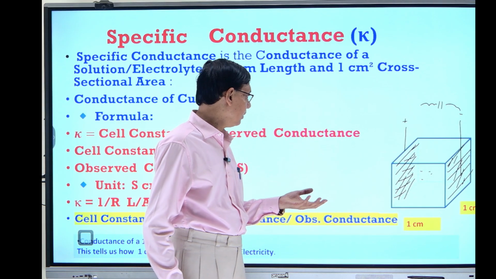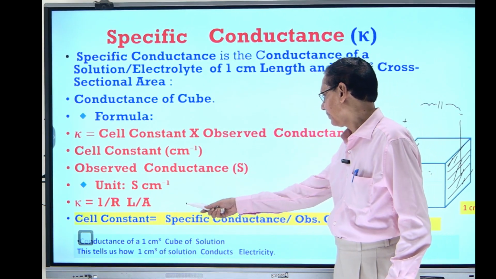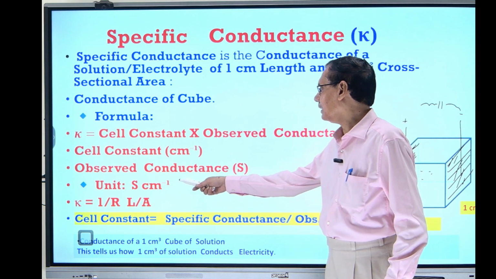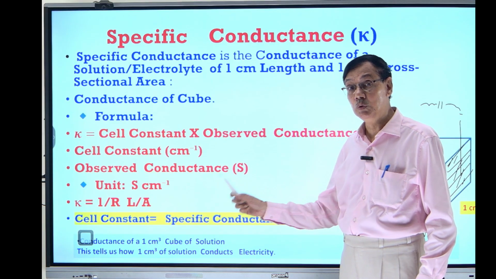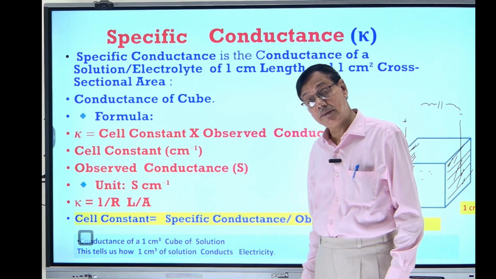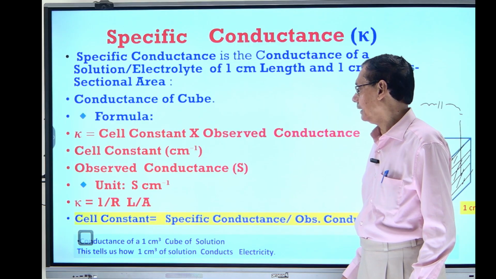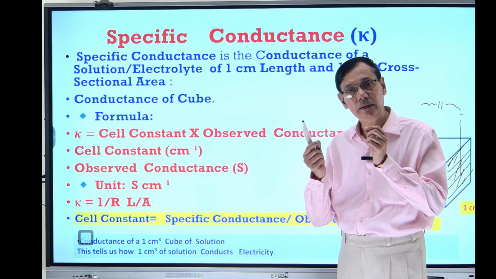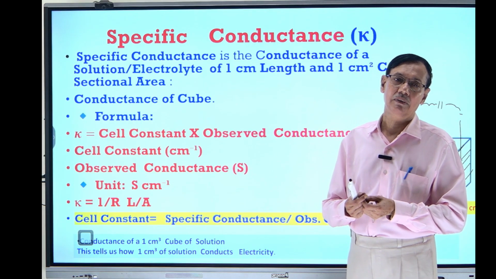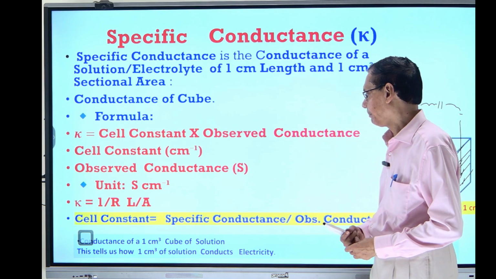So it is the same, only thing is that the unit is Siemens centimeter inverse. You should be very careful while writing the units, because in some examination the values of the observed conductance or the specific conductance in SI unit will be slightly different, because you know how to convert centimeter to meter or meter to centimeter.